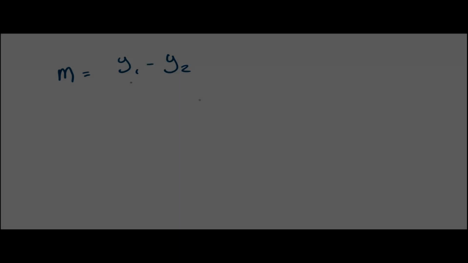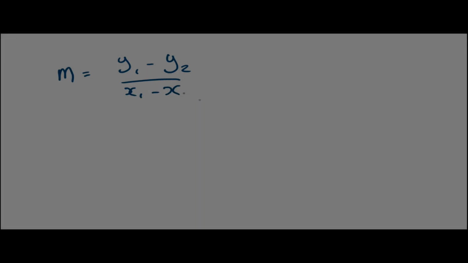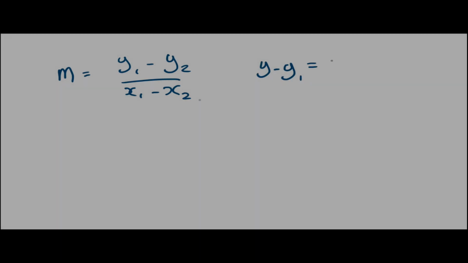The first one is m equals y1 minus y2 all over x1 minus x2. And the other one is y minus y1 equals m(x minus x1).